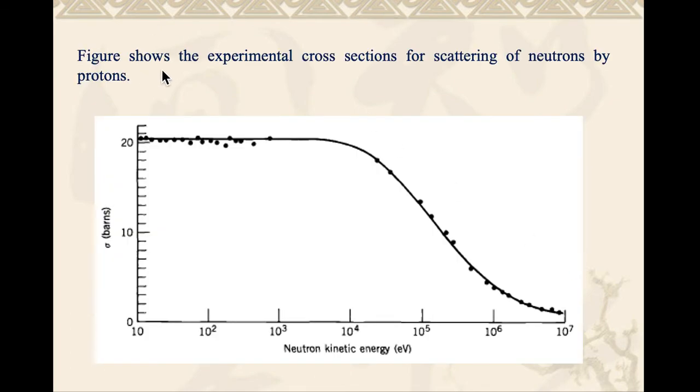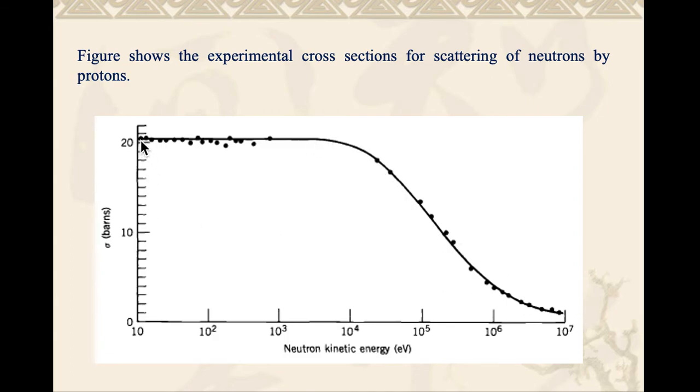The figure shows the experimental cross sections for scattering of neutrons by protons. You can see that for low energy, up to more than 10 raised to 4 electron volts, it is nearly constant, and only then does it decrease.